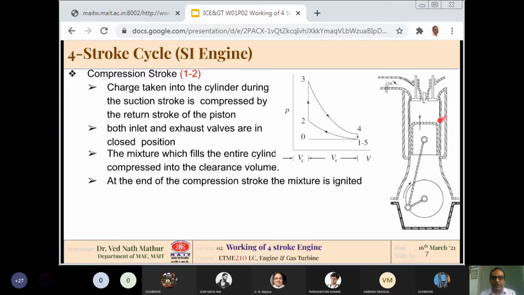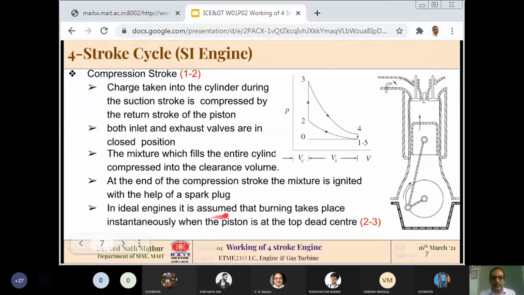At the end of the compression stroke, the mixture is ignited. So when the piston reaches top dead center, when the volume in the cylinder is equal to Vc, then ignition takes place. This is represented by process 2-3. In the case of a spark ignition engine, the ignition is initiated by a spark plug mounted on the top wall of the cylinder.